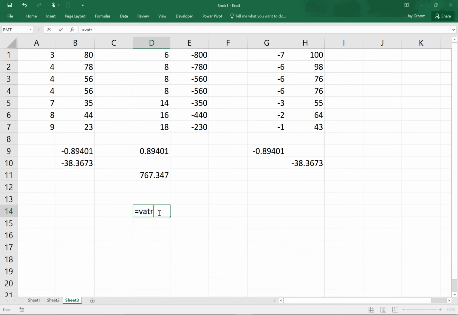So watch me do variance of P for this guy and for this guy, and take the square root of both of those. And watch me take this guy divided by this guy times this guy.